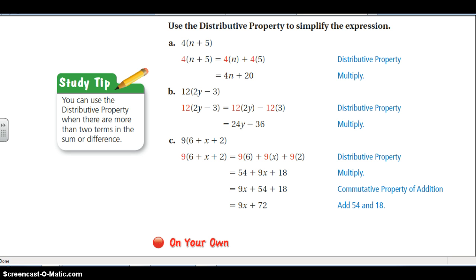So then you can figure out 9 times 6 is 54, plus 9x, we don't know the value of x, plus 18. Okay? Then again, just like you did in a previous lesson, remember plus can go whatever, you can redistribute it any way you want: 9x, put the two numbers together, 54 plus 18. And there you have your problems.